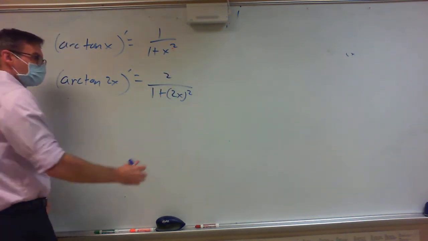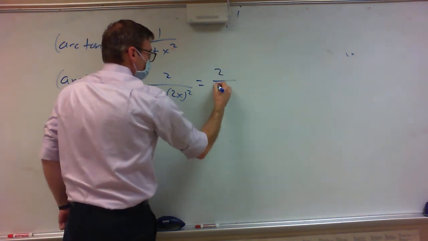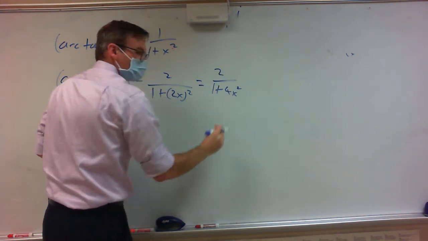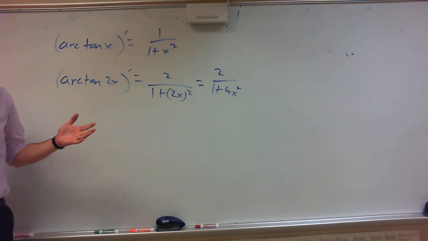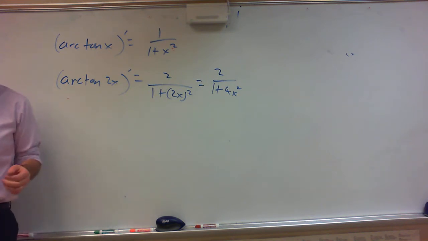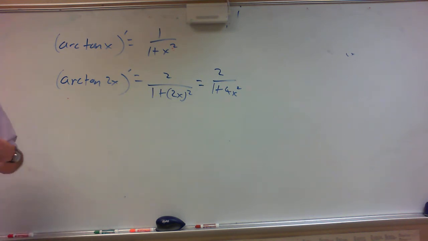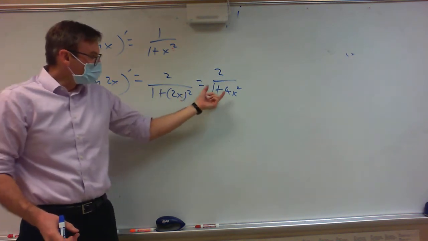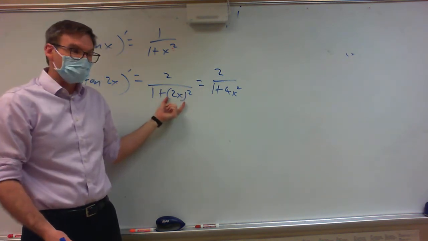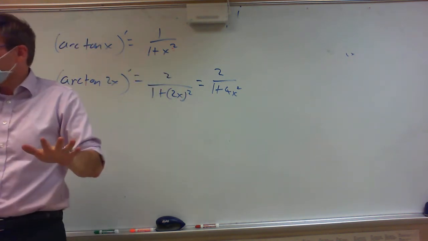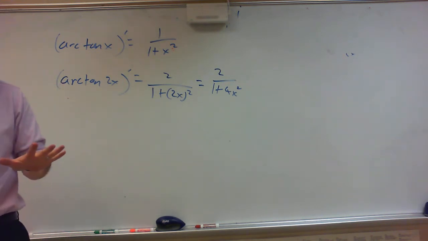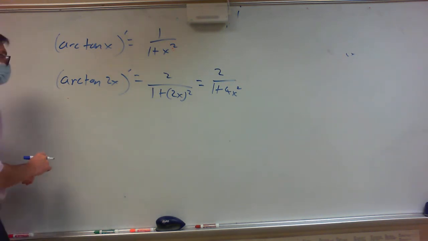So my final answer for this is going to give me 2 over 1 plus 4x squared. And when I look at this, it's kind of the same thing that happened with arc sine, isn't it? We've got our little pattern, right? We're going to square it on the bottom, take the derivative of it and stick it on top. Everybody okay with that? Very, very similar.